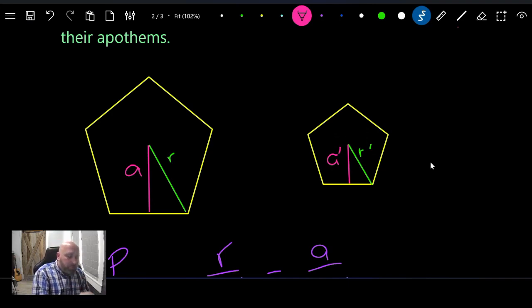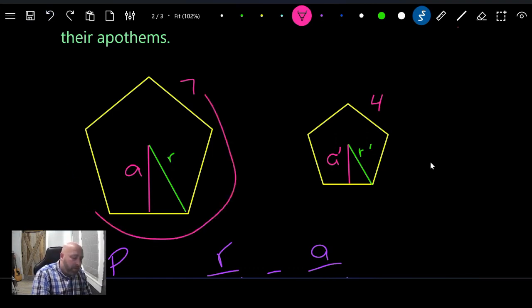Now, the other thing that's proportional is their perimeters. What's that? The distance around the shape. Also, let's say their sides are 7, and this one is 4. So as soon as we know that, that means all of these are 7, right? We can also immediately find the distance around that because there are 5 sides.